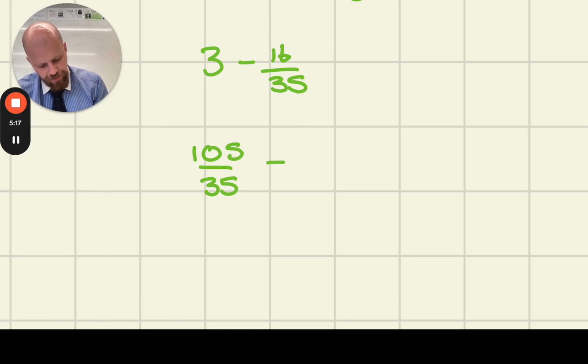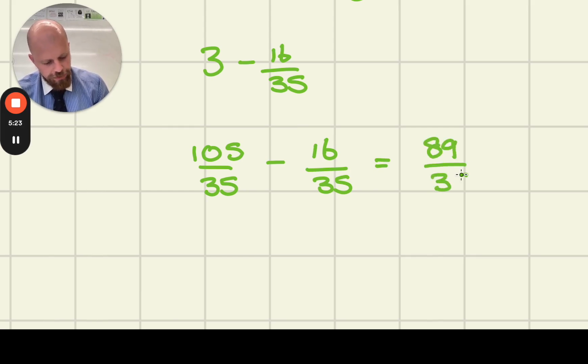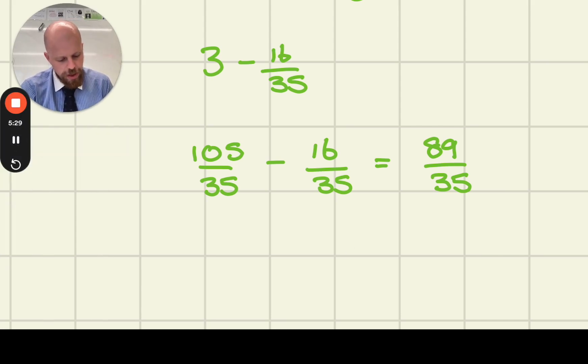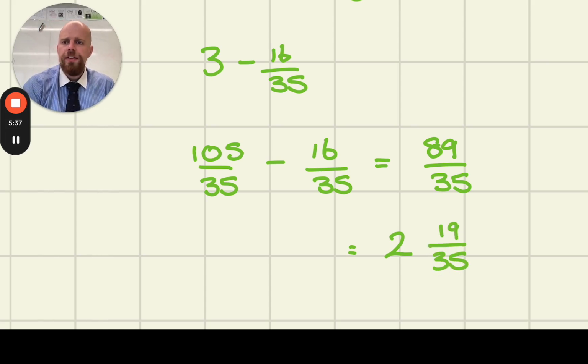So I'm doing 105 minus 16 over 35, which would be 89 over 35. Converting this to a mixed number, I think, well, 35 times 2 is 70. So it's 2 remainder 19 over 35. And there you have it. That's how you add and subtract mixed numbers.